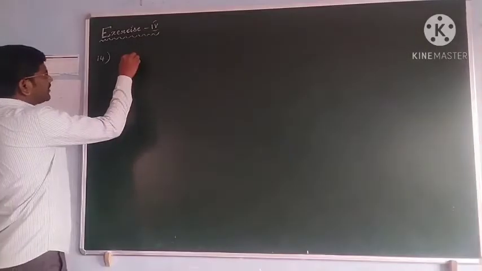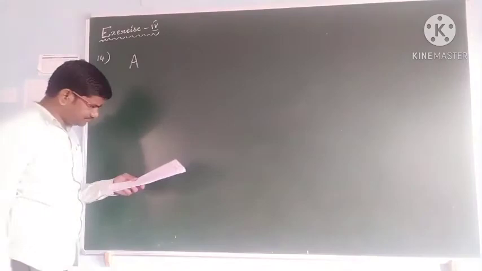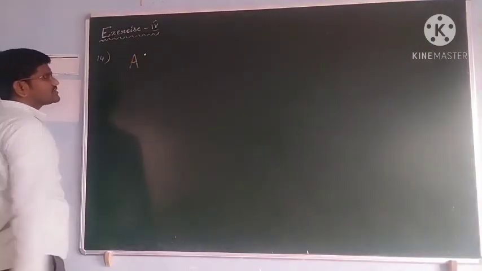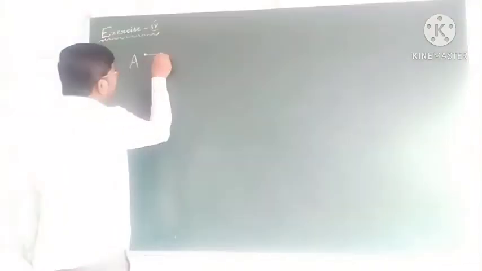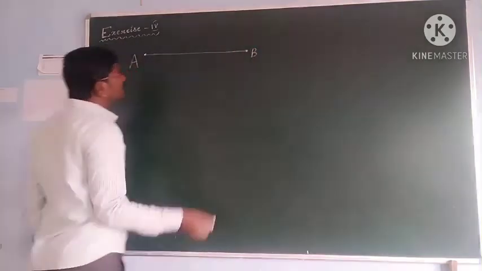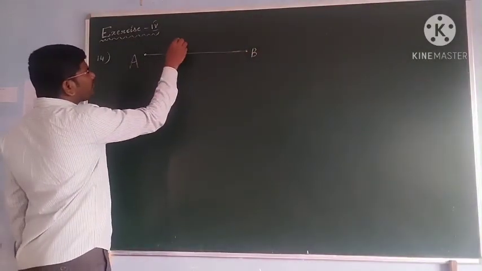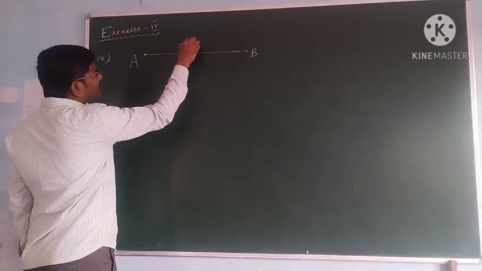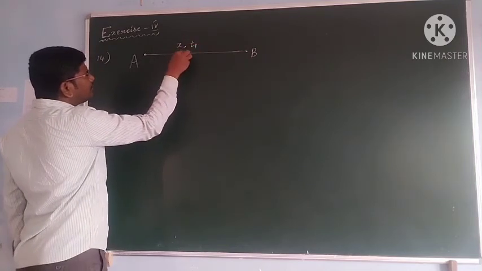A car travels from station A, started at station A, and went to B. A to B, the covered distance is x and let the time taken be t1, while going from A to B.